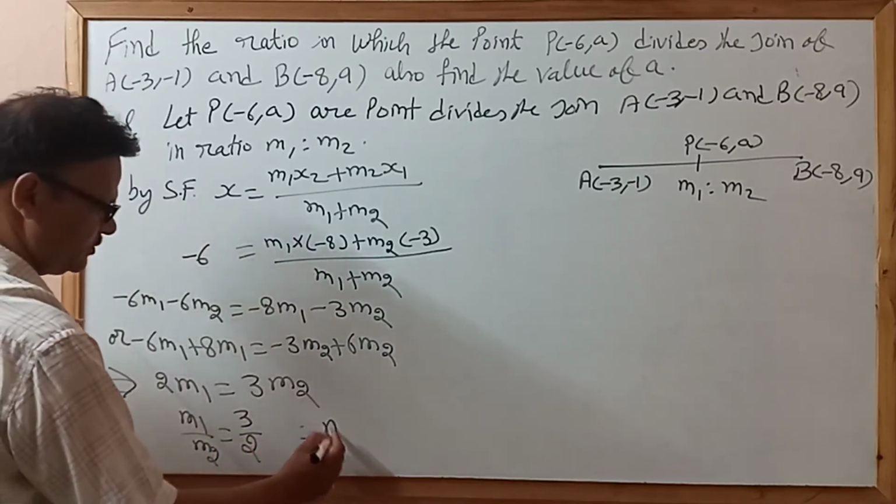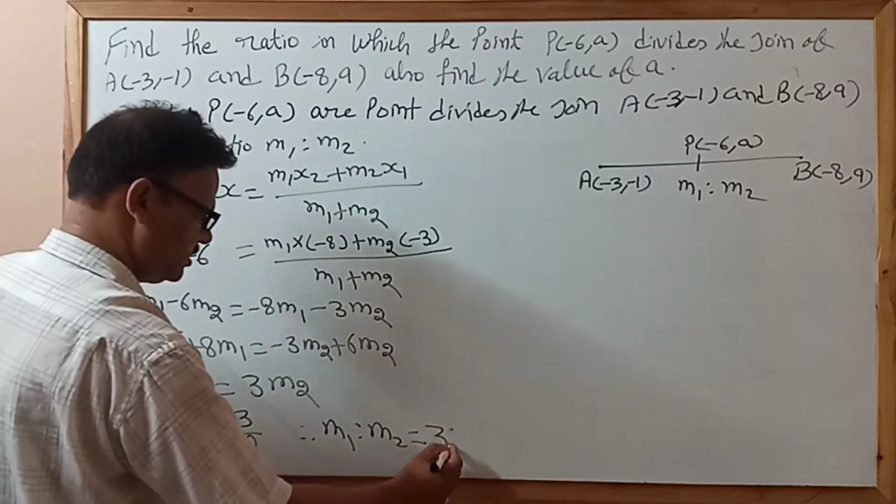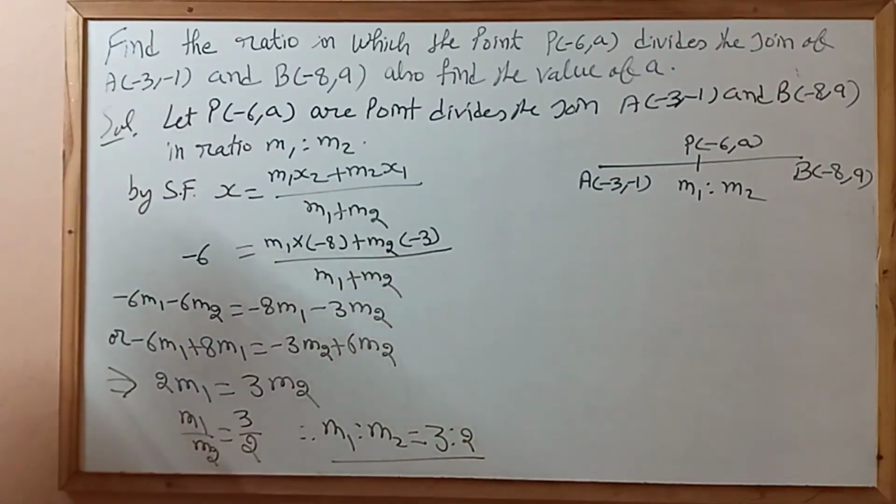So therefore the ratio m1 ratio m2 is equal to 3 ratio 2, the required ratio.